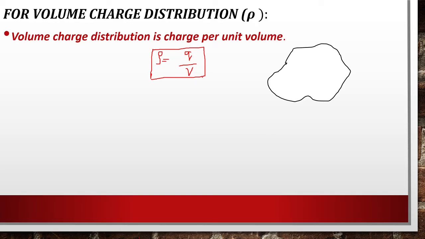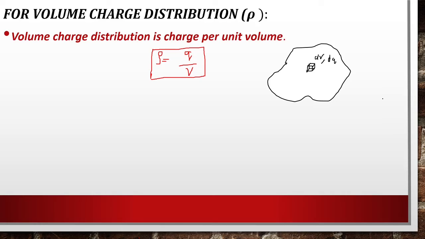Now we should find the electric field due to the volume charge distribution at a point. So for that, let's consider a surface and consider a volume element, since volume is 3D, right? So this is our volume element and it has a volume dV, and charge inside this small volume element is of course dQ.